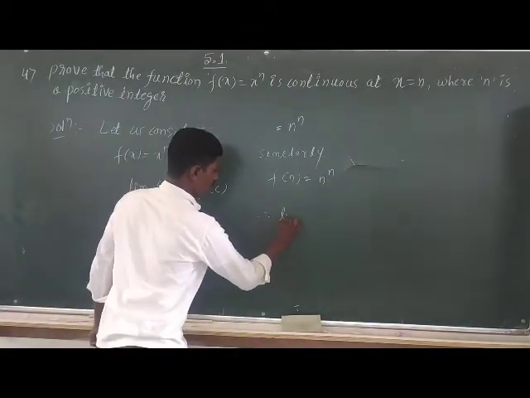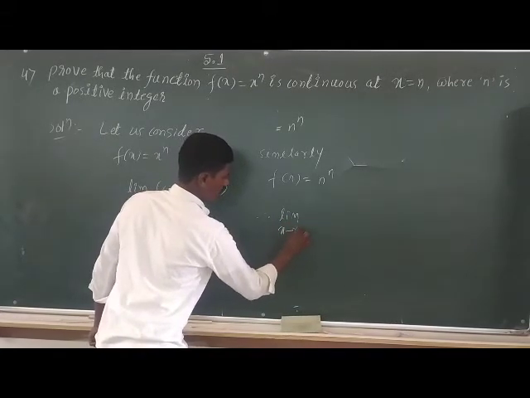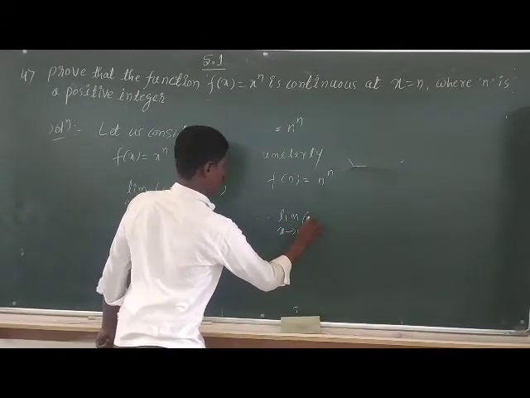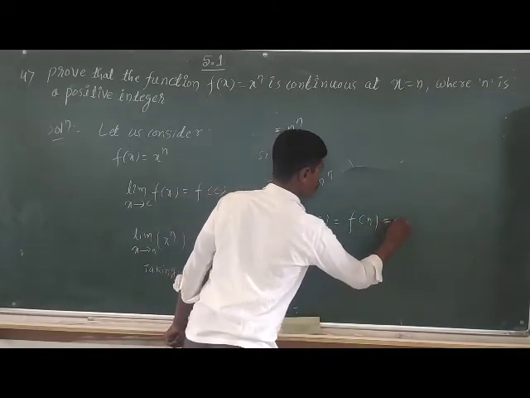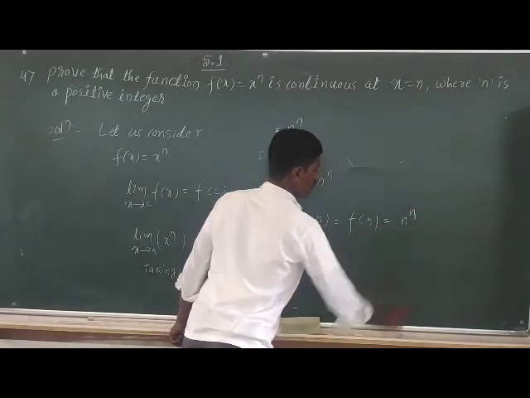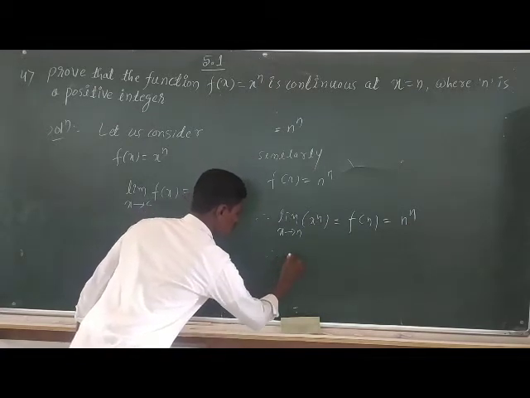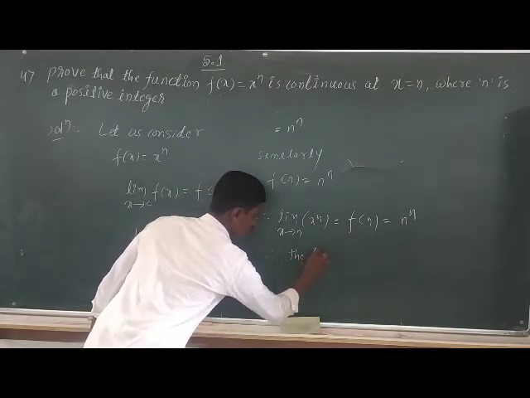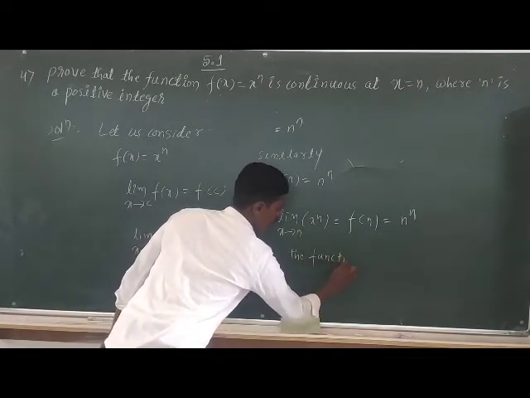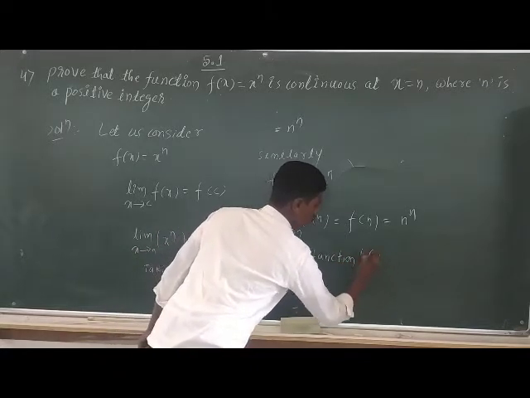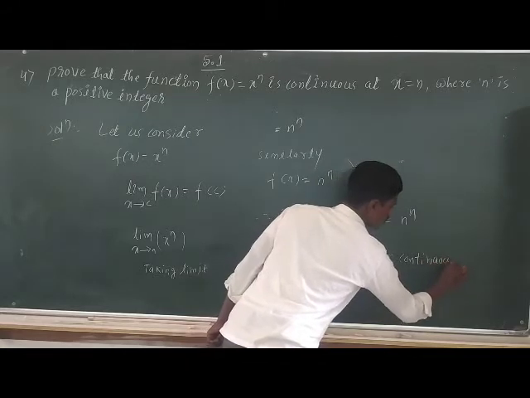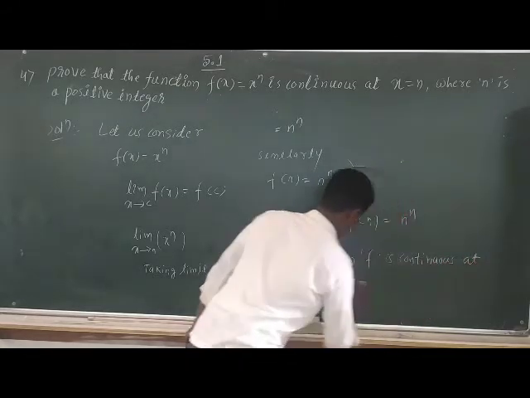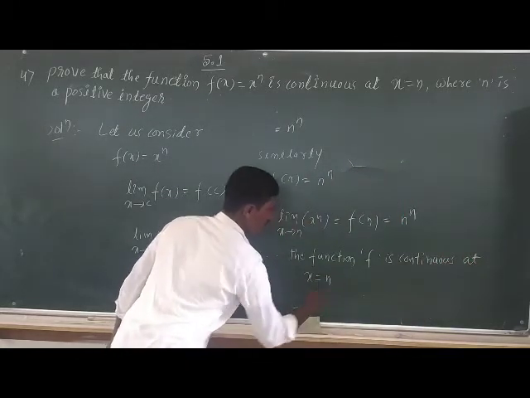Therefore, limit as x tends to n of x raised to n is equal to f of n, which is equal to n raised to n. Therefore, the function f is continuous at x is equal to n.